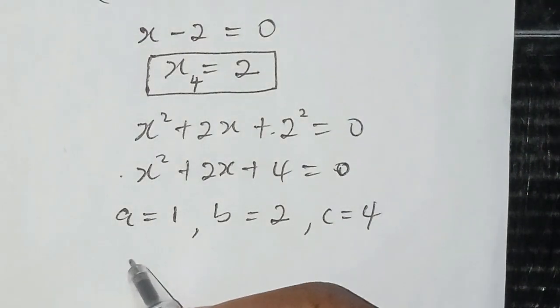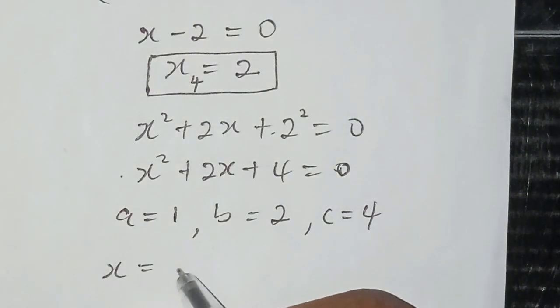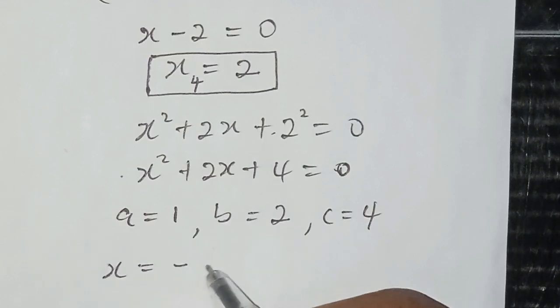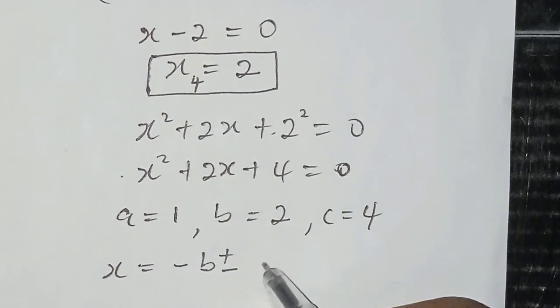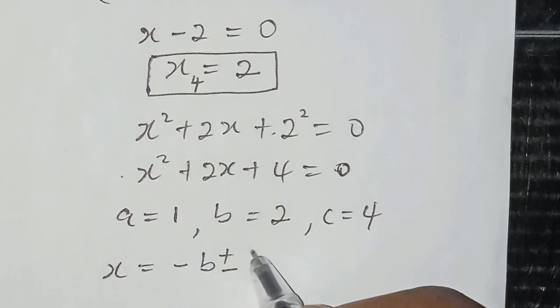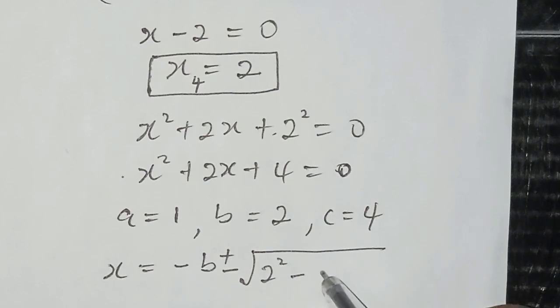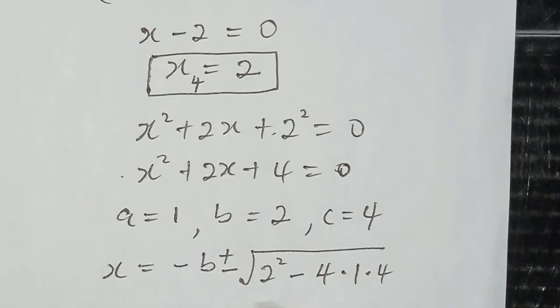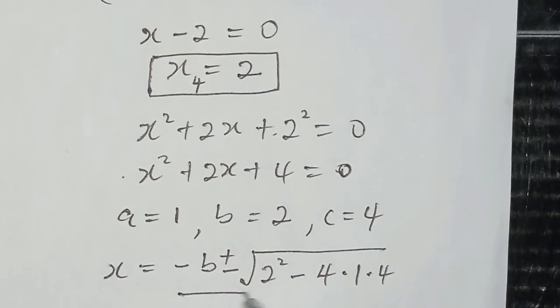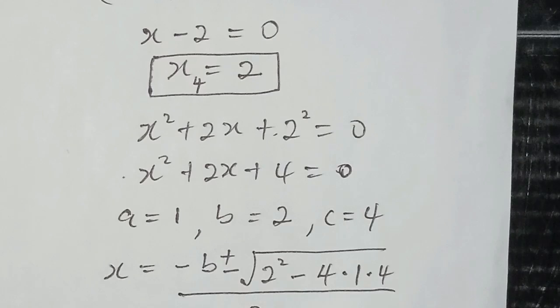So here we have that x will now be equal to minus b plus or minus square root of b squared minus 4ac, that is square root of 2 squared minus 4 multiplied by 1 multiplied by 4, and that will be over 2 multiplied by 1.